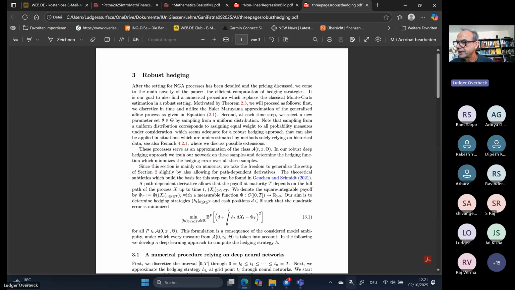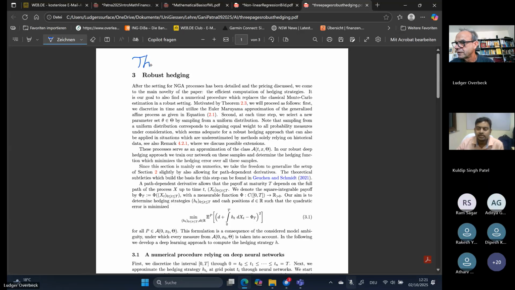That's a paper by Thorsten Schmidt. It's called also robust hedging, I guess. Yes, sir, we can see your screen.